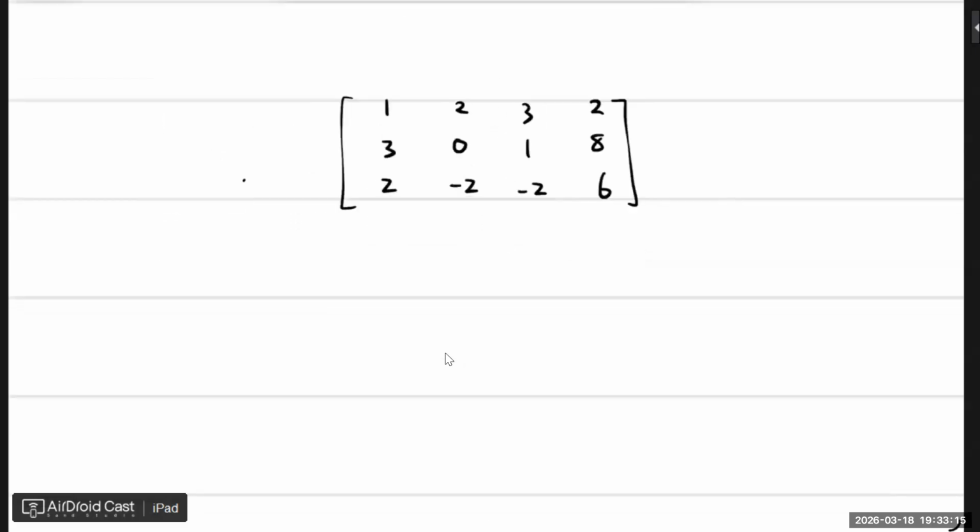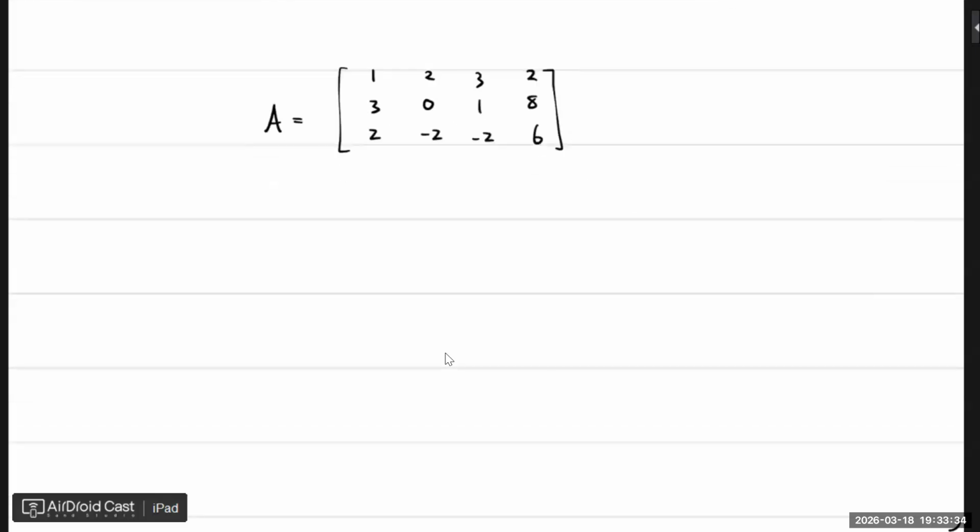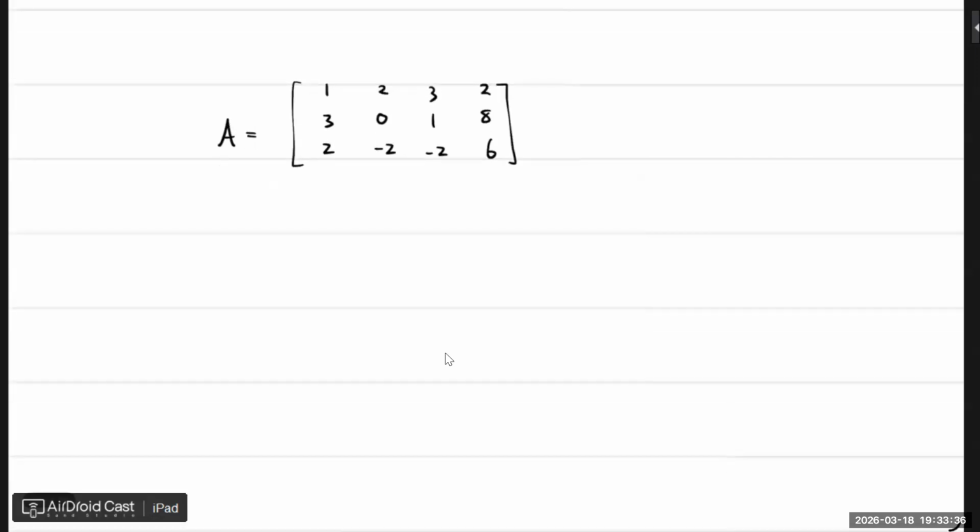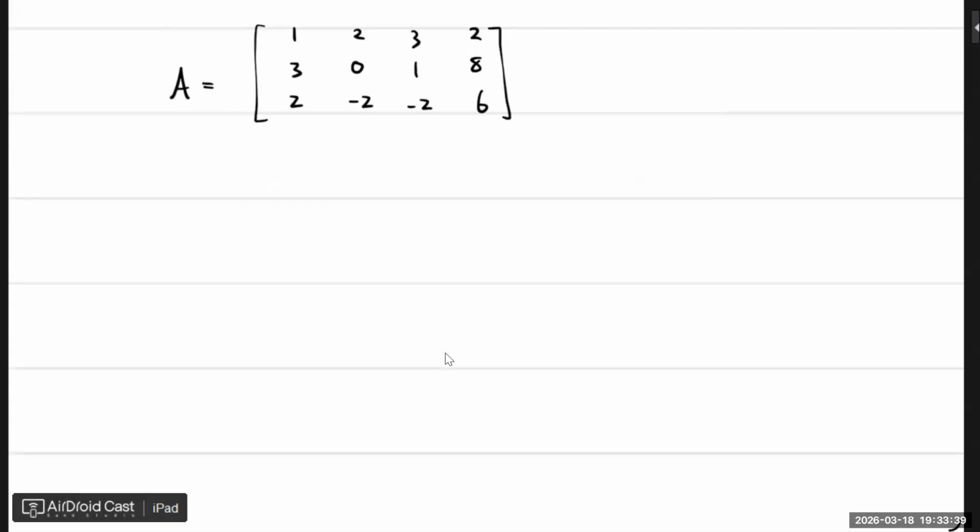And they say, calculate the column space and calculate the null space. The easiest is to do the column space. I'll explain in a moment what column space also means, and then you'll see how it all fits together.